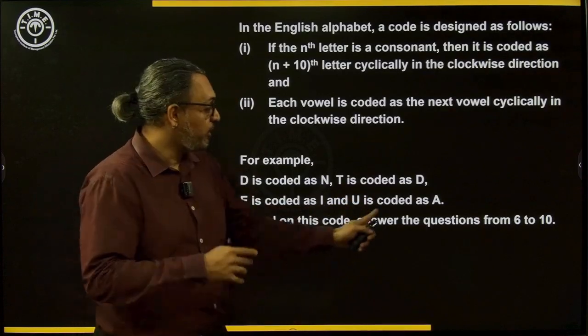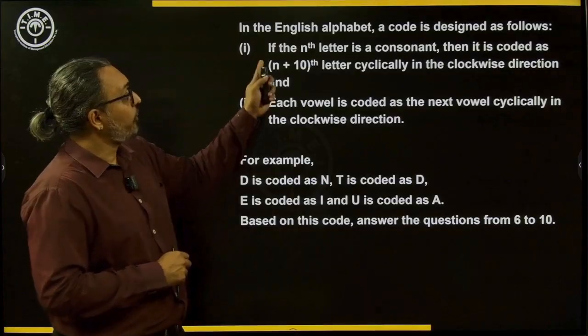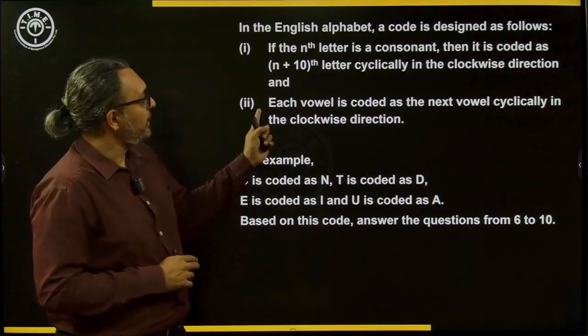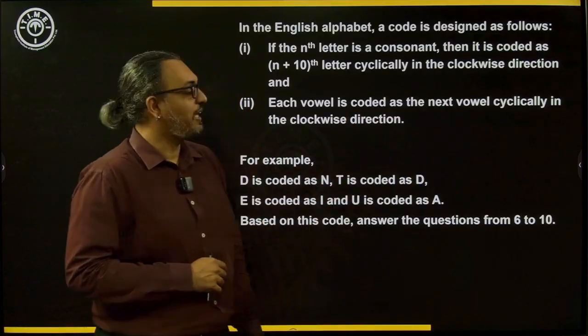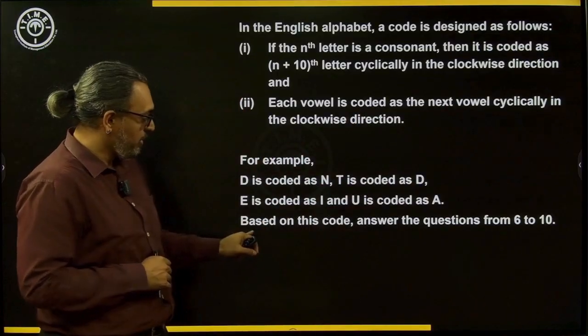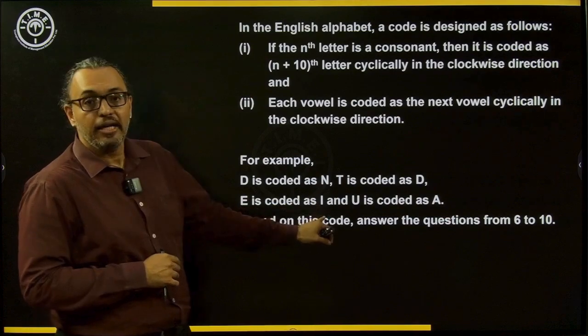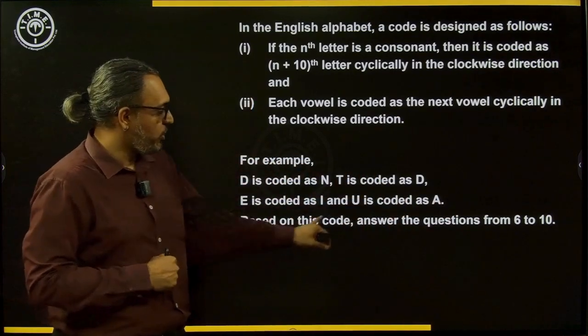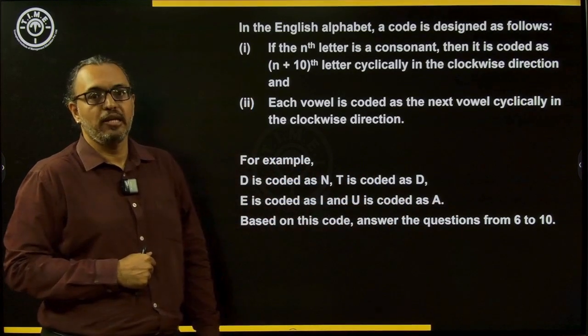The 30th letter is nothing but the fourth letter, D. So for a consonant, the n plus 10 letter, and each vowel is coded as the next vowel cyclically in clockwise direction. See, for E, I, and for U, A, the next vowel. Now based on this code, answer the questions from 6 to 10 is what he has given.